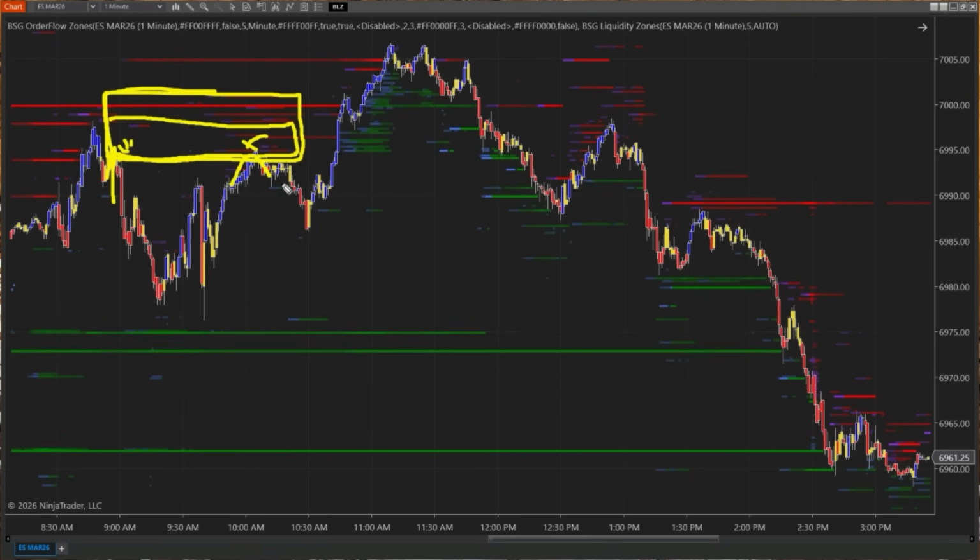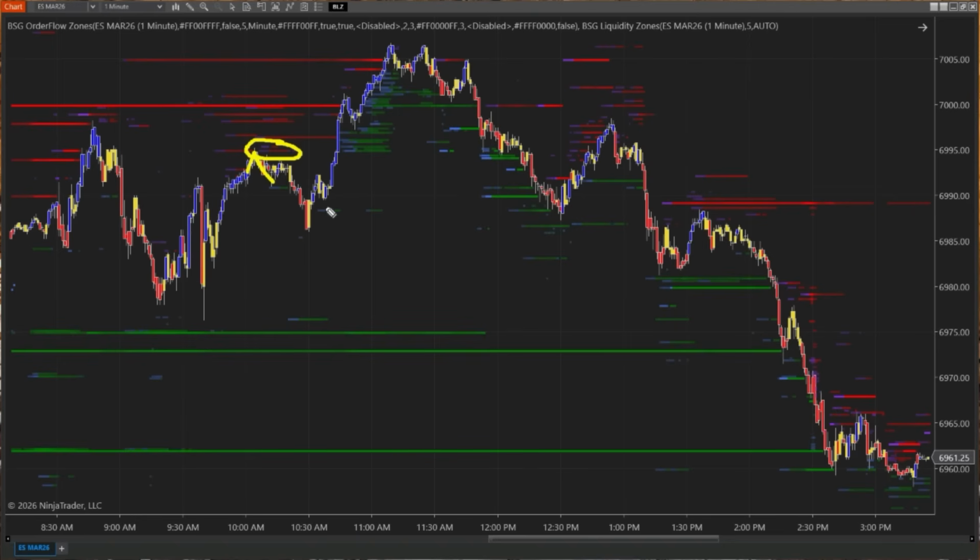The reason I'm selling is that this is the most important level. Not only was the liquidity swept, but once it was swept and gone, immediately the liquidity was rebuilt. That means sellers are ready. If they have 100 contracts to sell and sold them, they place another 100 contracts to sell. That means selling is so heavy at this level.